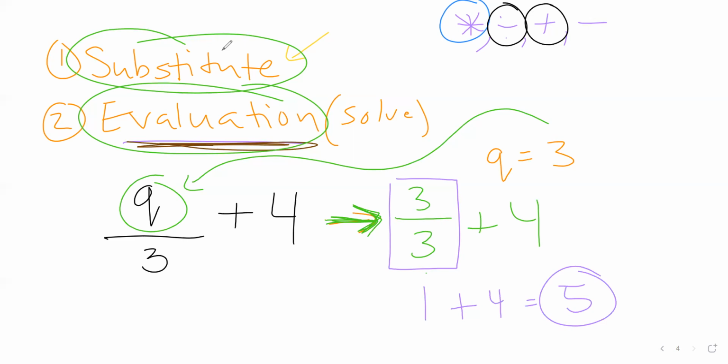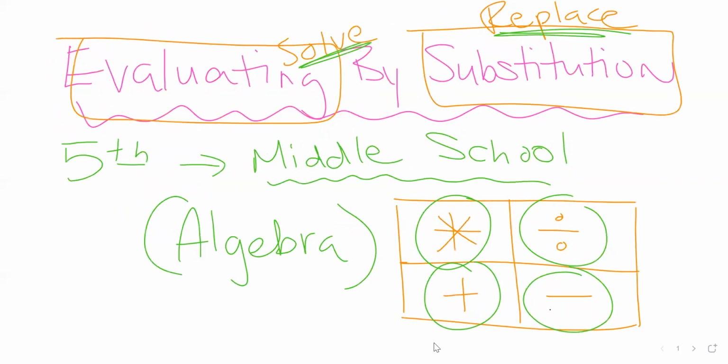Evaluate Q divided by 3 plus 4 when Q is equal to 3. All that means is get rid of Q, replace it with a 3, and then just do the math you already know how to do. It's pretty cool. Anyway, I'm going to leave it at that. That, my friends, is evaluating by substitution.